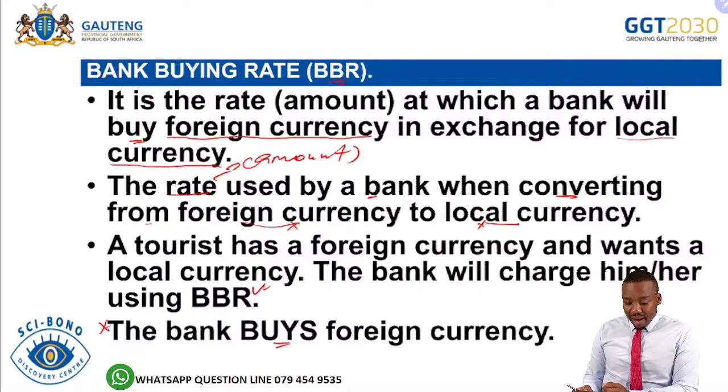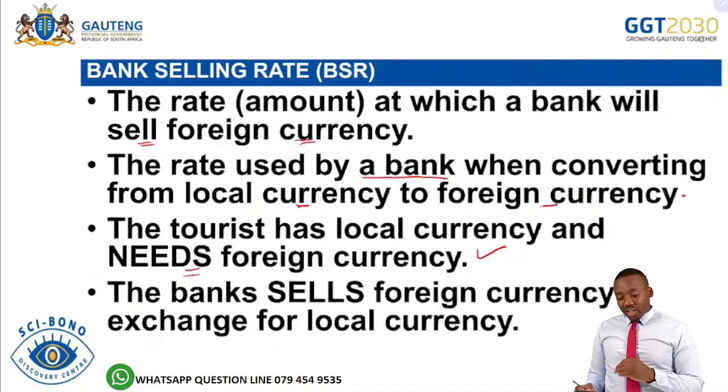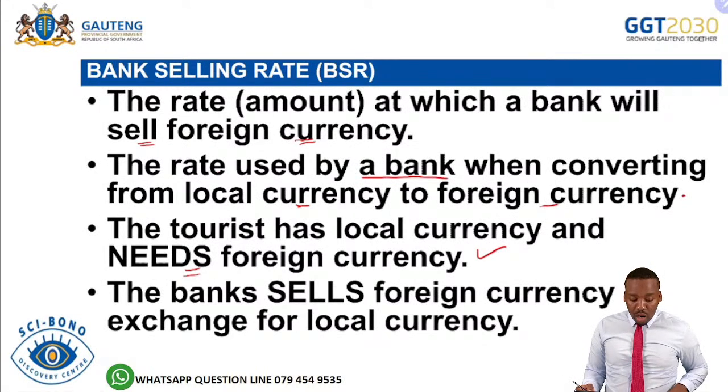And we said bank buying rate, a tourist has foreign currency and wants what? So this can be a bit confusing, but you need to know those two concepts. Will the bank charge me using bank buying rate, or will the bank charge me using bank selling rate? What is it that I want from the bank? Do I want a local currency, or do I want what? Foreign currency.